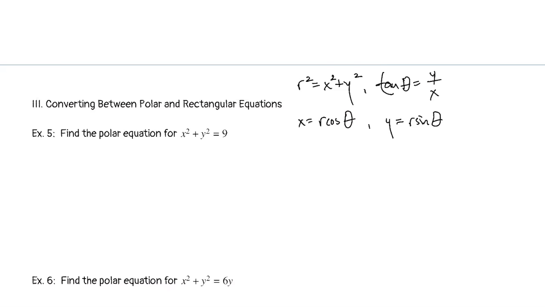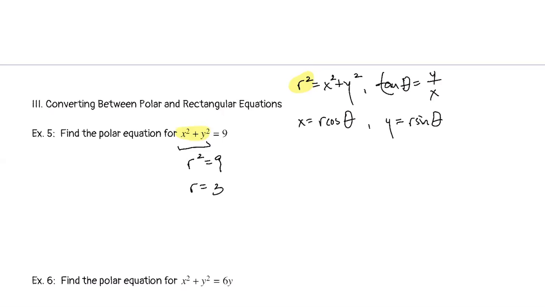Okay. So R is equal to 3. So everywhere you see x squared plus y squared, you can replace it with an r squared, exactly. So I'm gonna take this side and replace it with r squared equals 9, yeah? And then we can take the square root and we'll end up with r equals 3, okay?